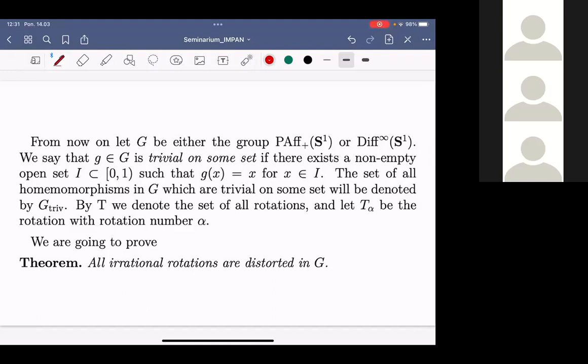The purpose of my talk is to give the proof of this theorem I wrote here, namely that all irrational rotations are distorted in G, either the group of piecewise-affine circle homeomorphisms, and this is a new proof. And in the case when this is the group of smooth diffeomorphisms, this gives an elementary and constructive proof of the result obtained by Avila in his paper.